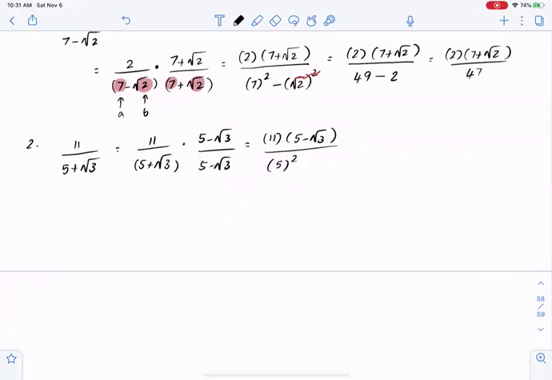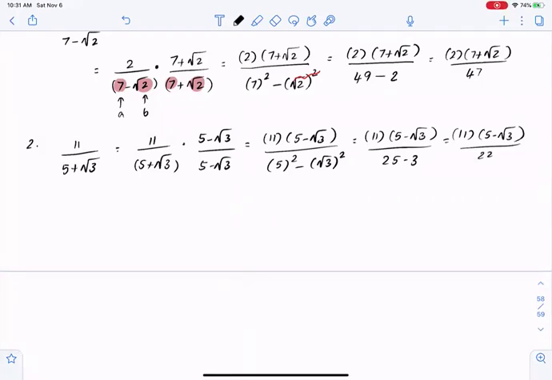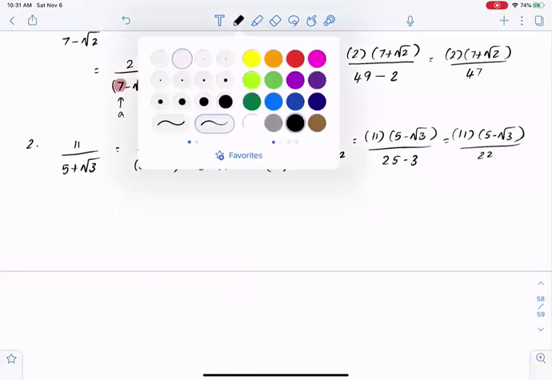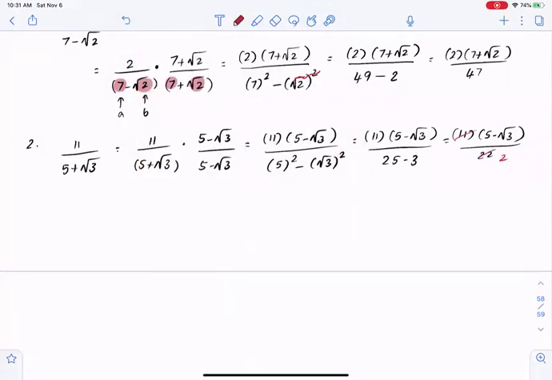So we would have 5 squared minus root 3 squared. So 11 multiplied by 5 minus root 3 divided by 25 minus 3, which is 22. In this case, we can take it one step further and simplify. The 11 and 22 can be reduced. So we would end up having 5 minus root 3 divided by 2.